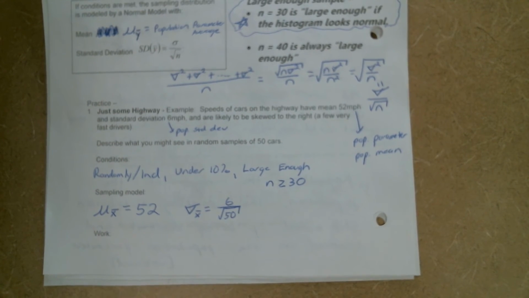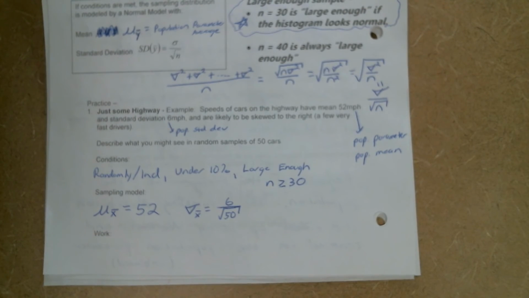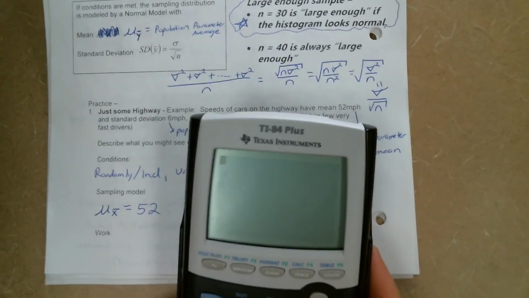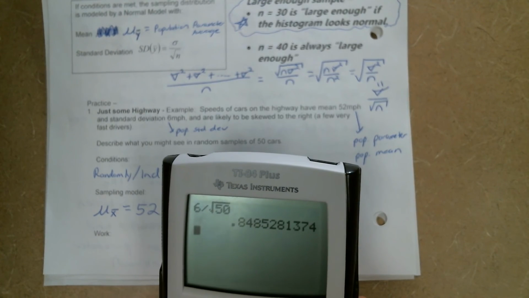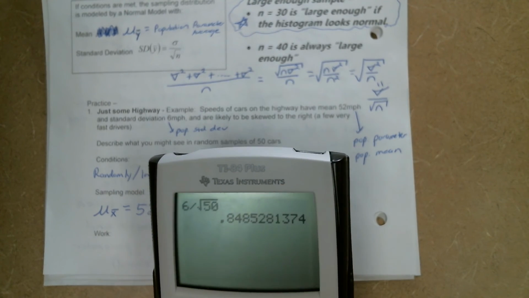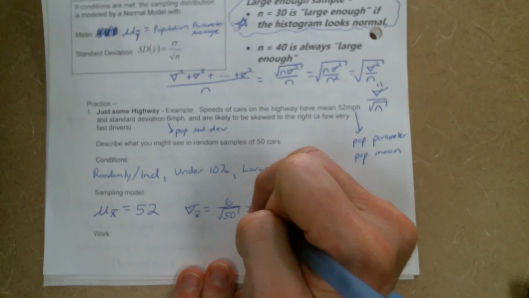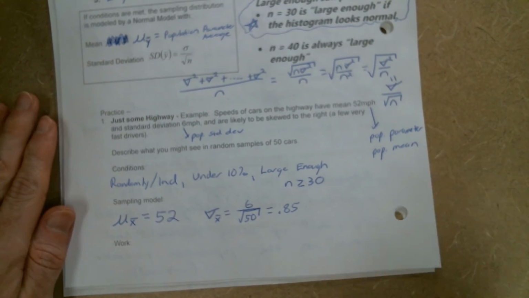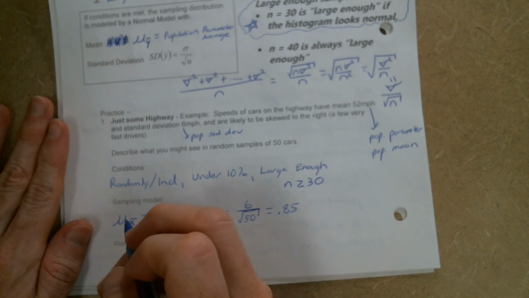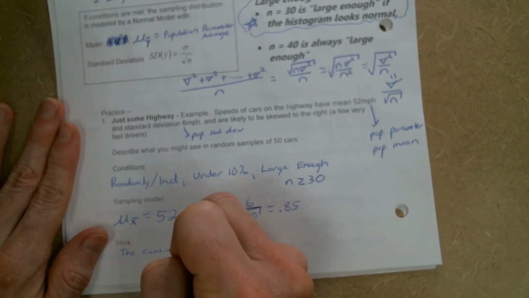So 6 divided by the square root of 50 works out to be 0.85, we'll say.